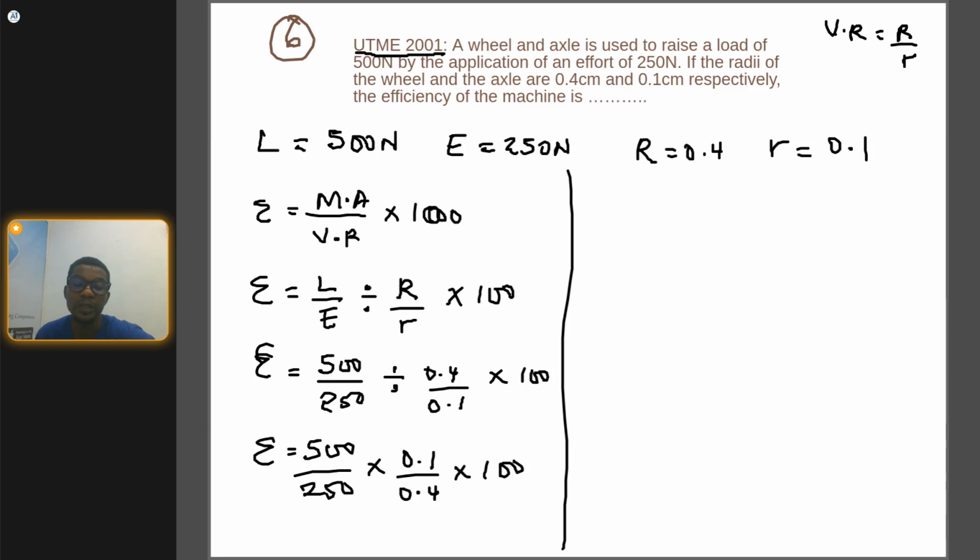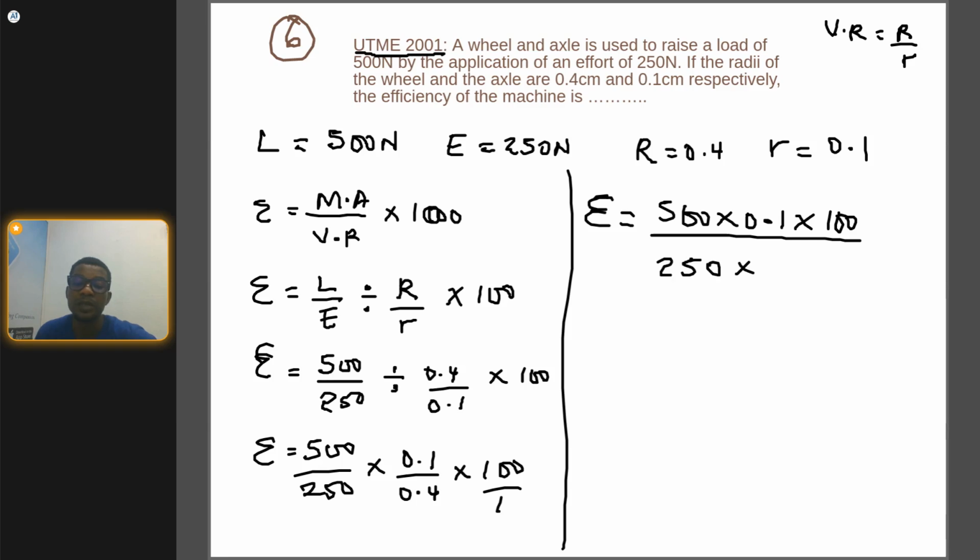Times 100. Okay, so we're going to multiply this out. Efficiency equals 500 times 0.1 times 100 all over 250 times 0.4.